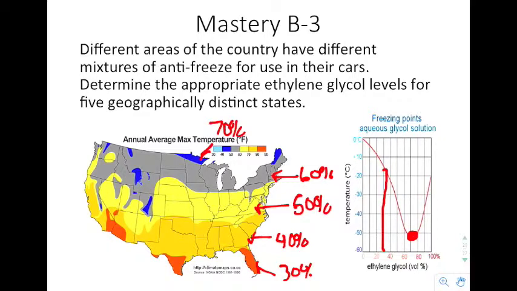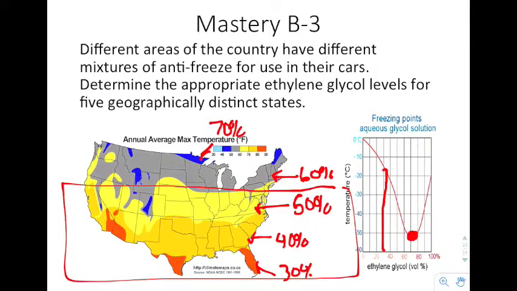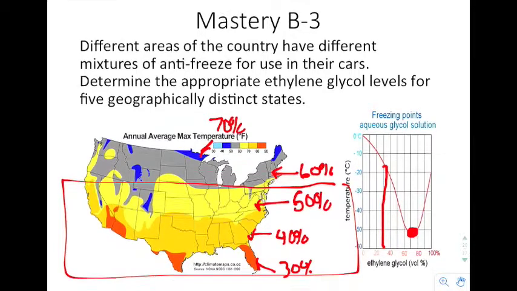So you can vary the ethylene glycol level depending on where you are. Now, traditionally, everywhere south is sold 50% because 50% is generally considered to be okay for cars. But if you are very far in the north or maybe in Canada, you are looking at trying to increase the ethylene glycol in your antifreeze.